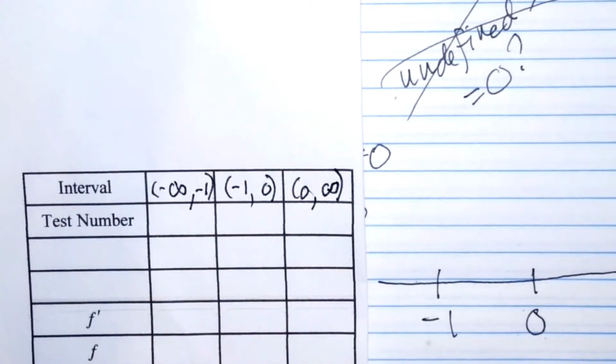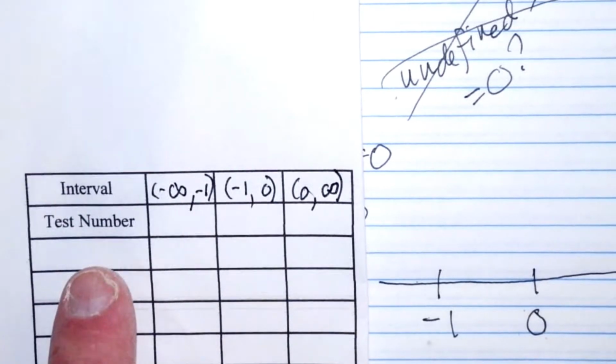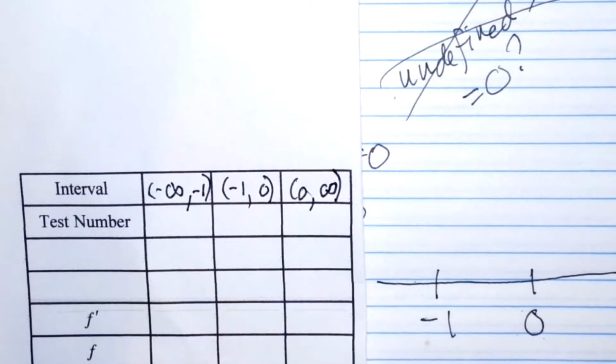Now I've put parentheses to remind us that we don't want to choose the endpoints as our test numbers. We need to choose numbers from the interiors of each of these intervals.